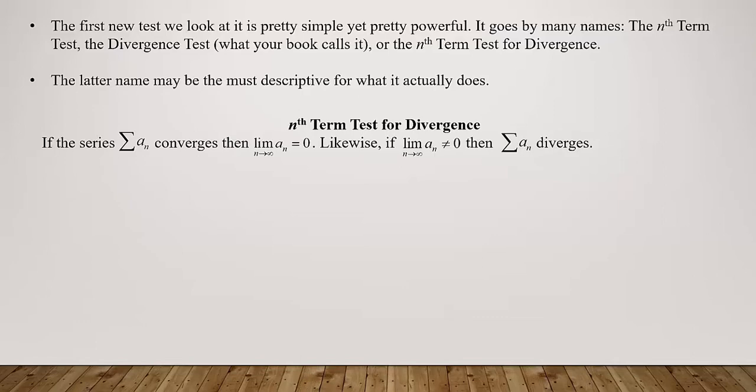And that's where the power of the Nth Term Test for Divergence is. Remember a sub n is kind of like the sequence that's determining the terms of the series. If it's not heading to 0, there is no way the series can converge. If it's not heading to 0, the series has to diverge.